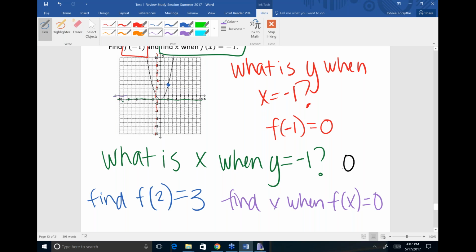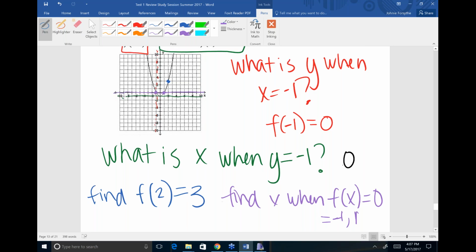That would be a horizontal line going through 0. Your graph is actually touching it in 2 places. It's touching it here at 1 and -1. So the answer here would be -1 and 1. So these are made up questions here in the blue and the purple. I just wanted to kind of practice it a little more with you.